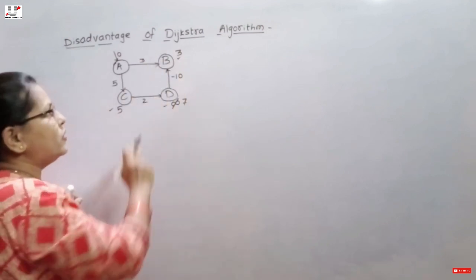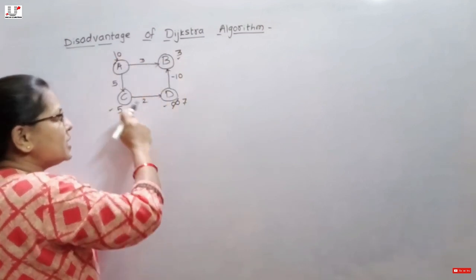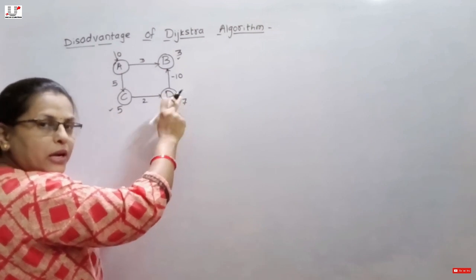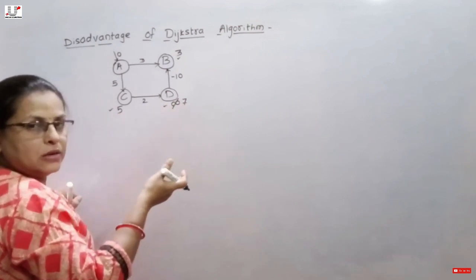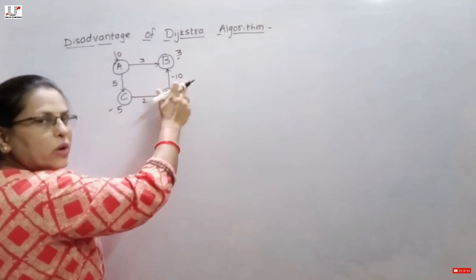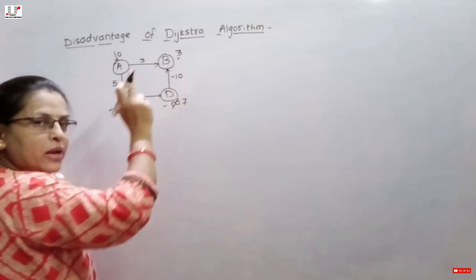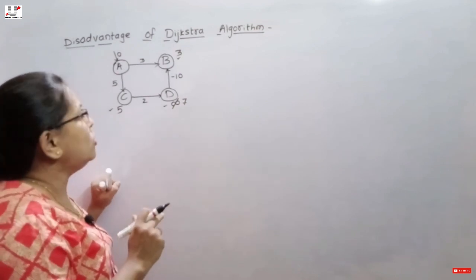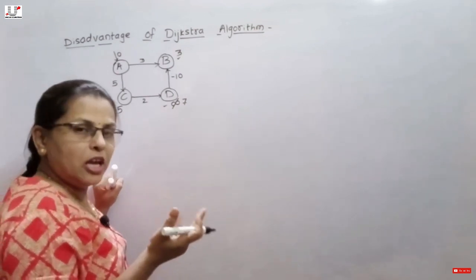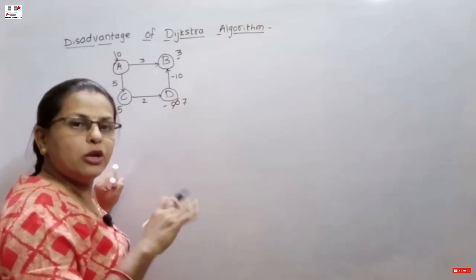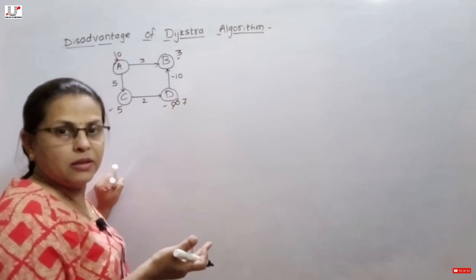But if we traverse from A to B via C and D, then it gives a better answer because of this negative edge. But as the node has already been visited, Dijkstra says that if the node is already visited, then don't visit it again.